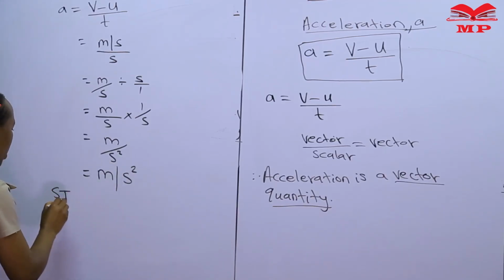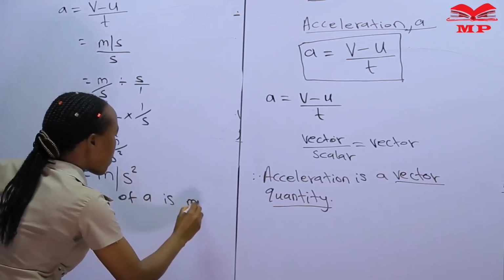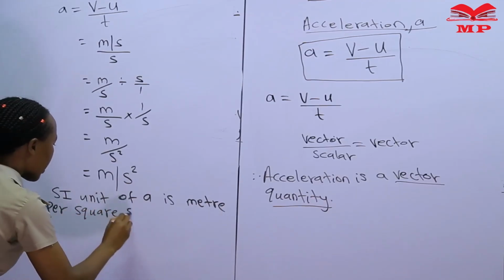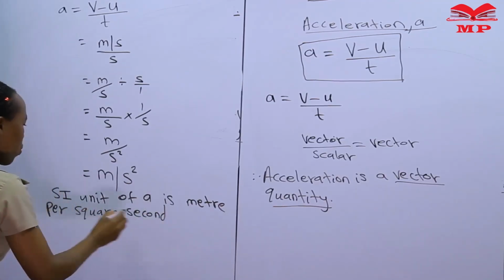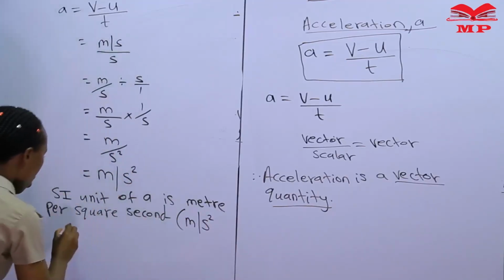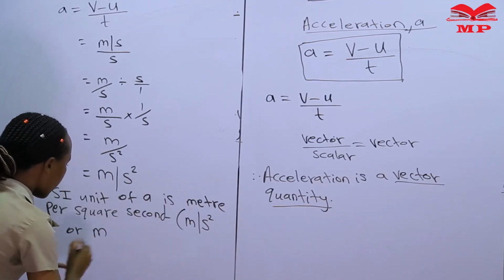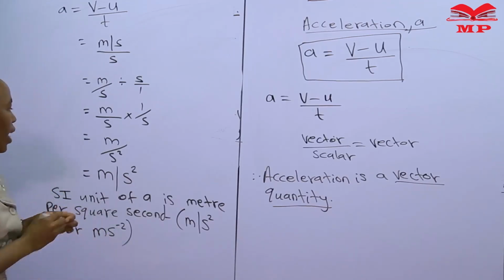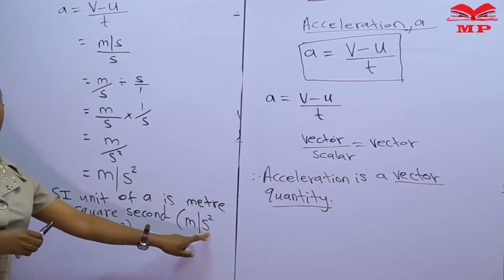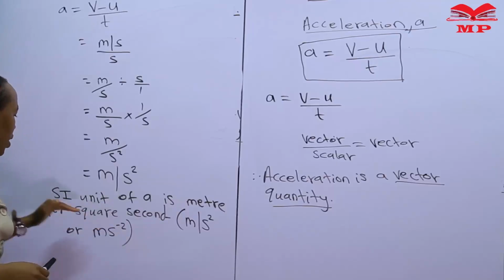So the SI unit of acceleration is meters per square second, which we can write in this form, or in the other form, or the full one, that is meter per square second.